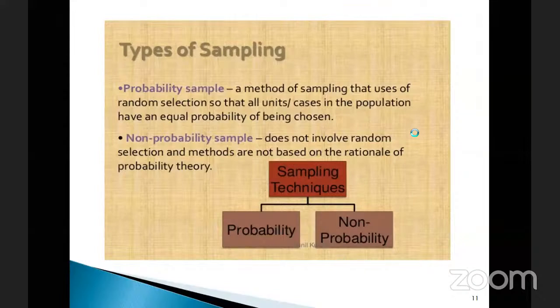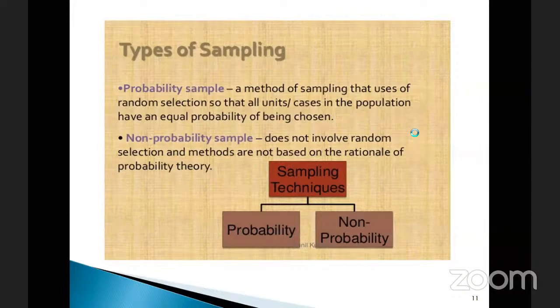So we have two main sampling methods, probability and non-probability. Now, when you say probability, probability simply means that you know the chance of inclusion of that sample or the element or that unit. The probability of inclusion is known.